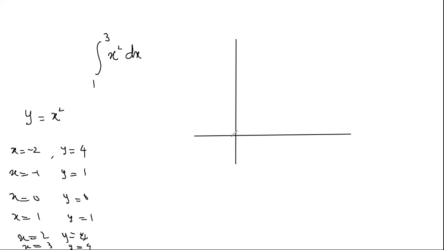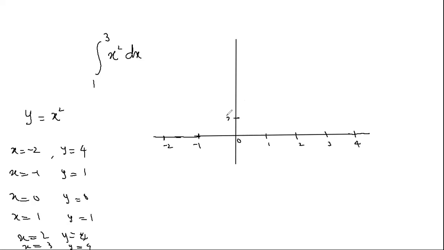So let's plot it. Here I'm starting from here. Minus 2, minus 1, 0, 1, 2, 3, 4. How much do I need till 9?